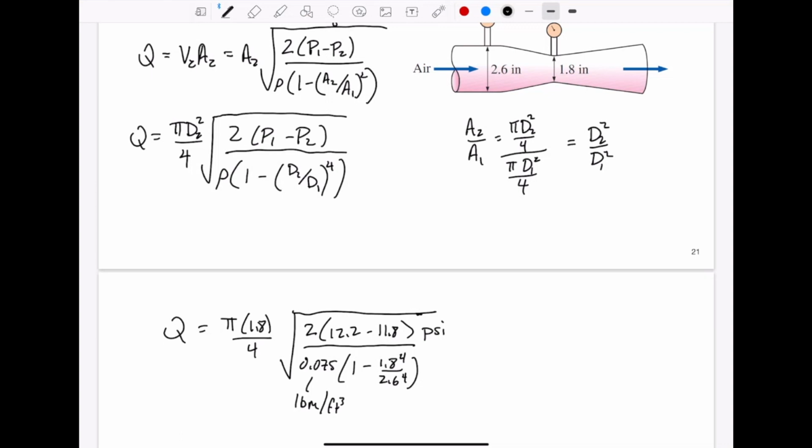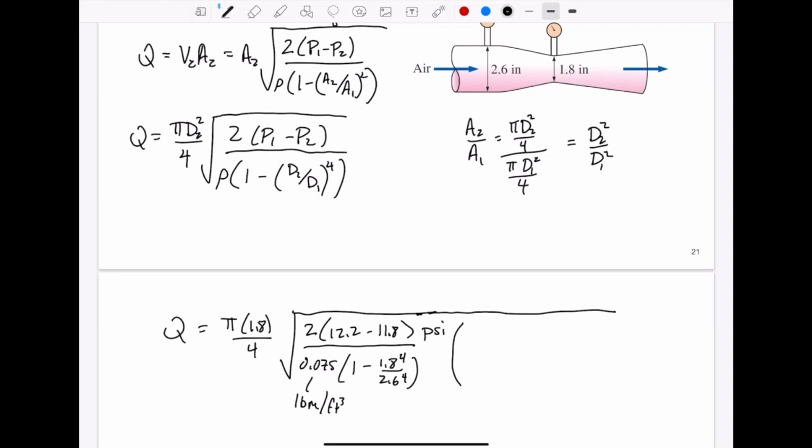And over here we have unitless, area divided by area. So if we have pounds per square inch, we have pound force and pound mass, and we have inches and we have feet. So we have to do 2 conversions. And this is all going to be inside the square root.